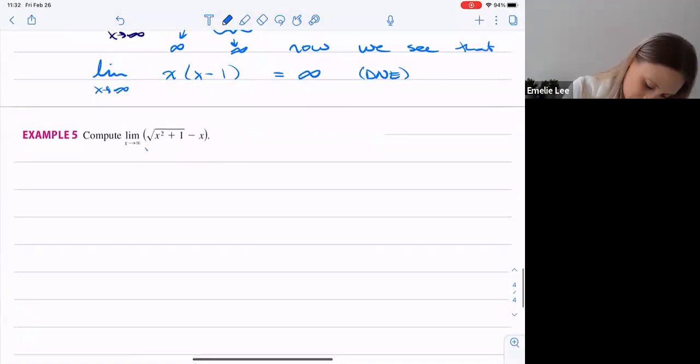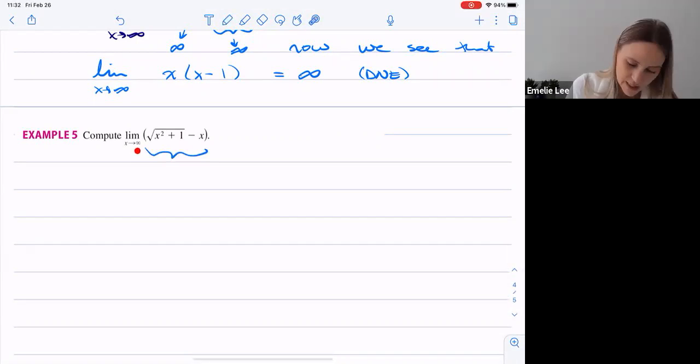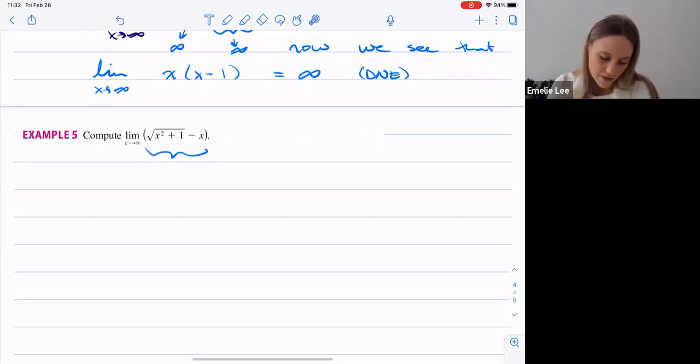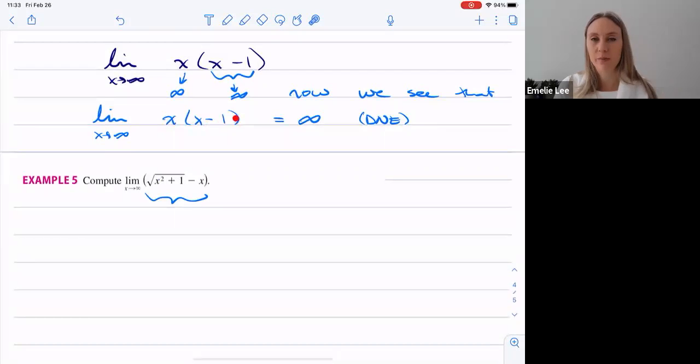Here we're letting x go to positive infinity, and I've got the root of infinity squared plus 1, basically infinity, and then minus basically infinity here. And so again, I can't argue that the limit would be anything in particular. I need to rework this until I have something solid, like, well, infinity times infinity must be infinity, something like that.